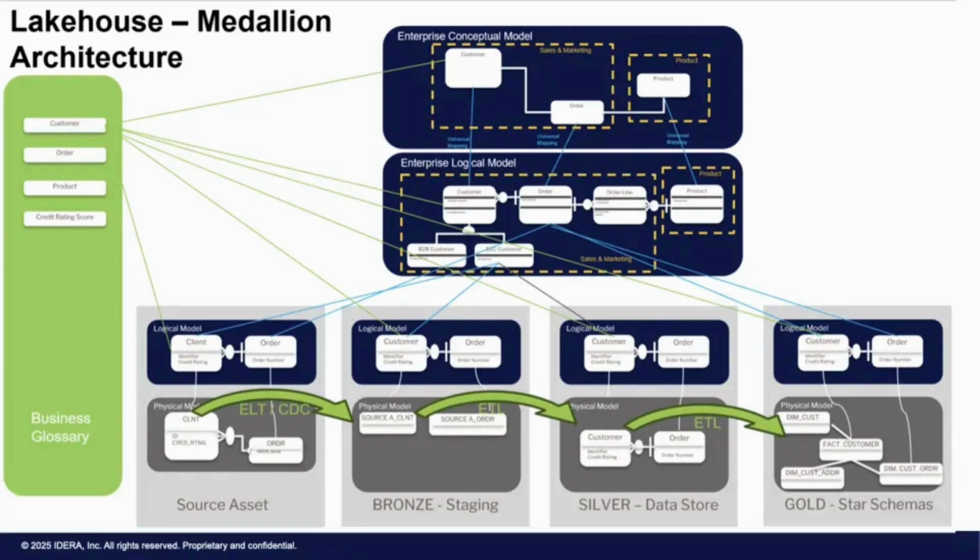And again, using the enterprise business-driven logical model means that our data warehouse is going to be likewise business-driven. Every entity, every table in that silver layer is going to support that standard definition, the standard business keys, the standard attributes are all well described, well documented, and mapped back to our business glossary.